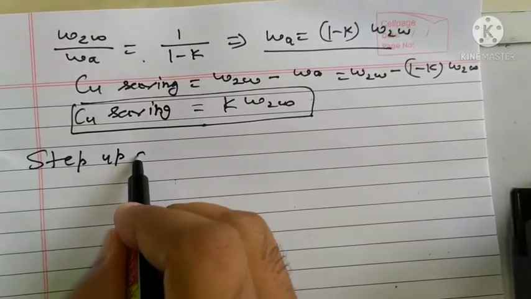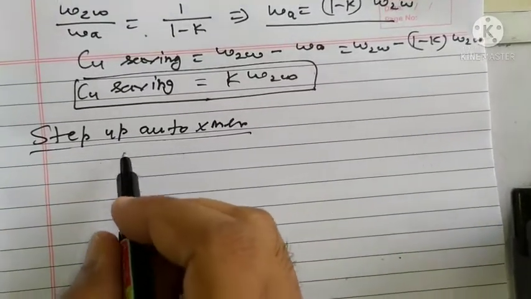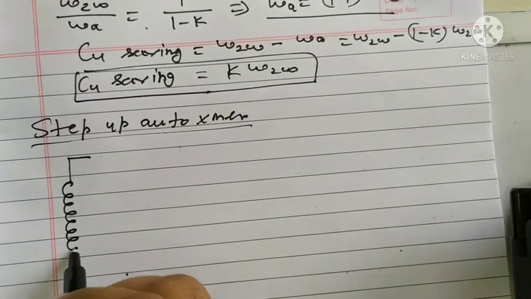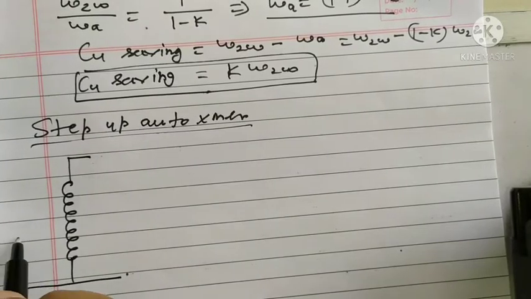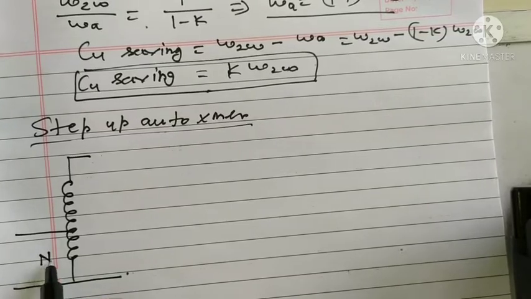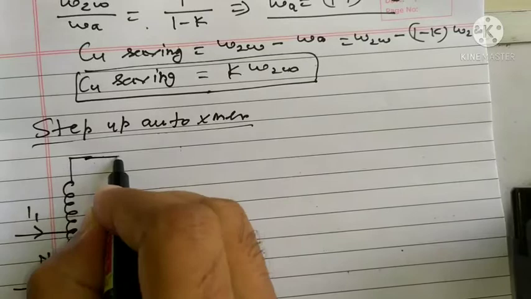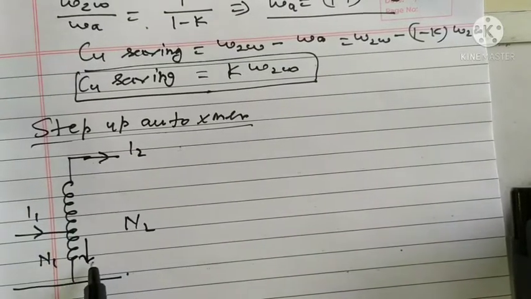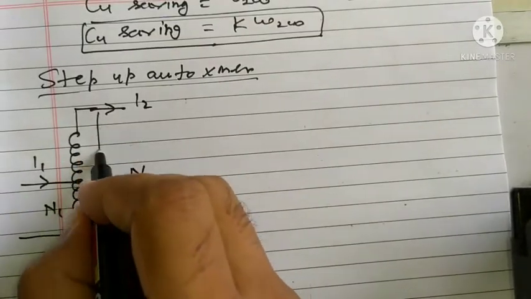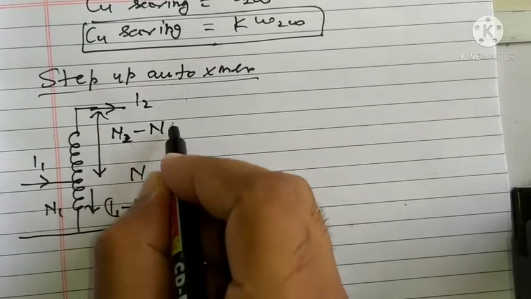If I take a step up auto transformer, say this is the step up auto transformer. Here number of turns are N1, current is I1. Here number of turns are N2, current is I2. Downward current is I1 minus I2. Number of turns in this portion will be N2 minus N1.